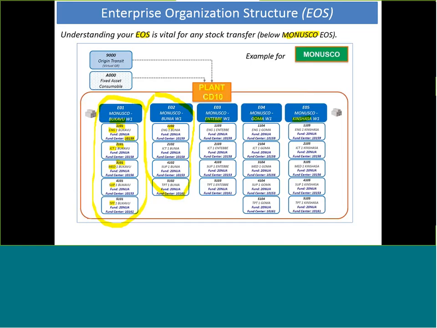And what is important is that all storage locations linked to engineering, let's say engineering in Bukavu, engineering in Bunia, or in Entebbe, they are all linked to the same fund center. They are all linked to the same owner, right? You can see that all engineering storage locations are linked to the same fund center.